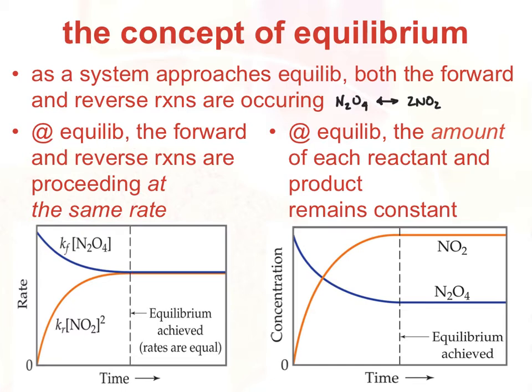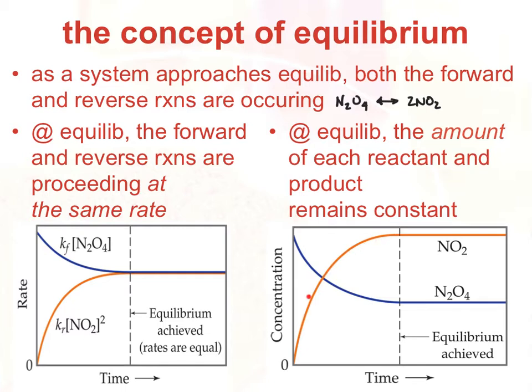Now we can look at this same process with respect to concentration versus time. What I want you guys to notice is initially we start out with a bunch of the reactant, and in this case none of the product. So initially no product, a bunch of reactant, and what happens over time is that the concentration of the reactant is going to decrease. Why? Because it's being converted into product. So since it's being converted into product, the concentration of the product is going to be increasing.